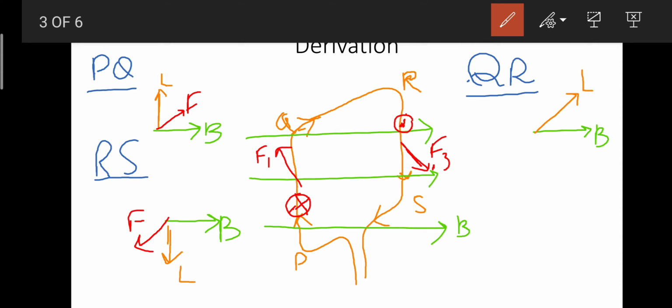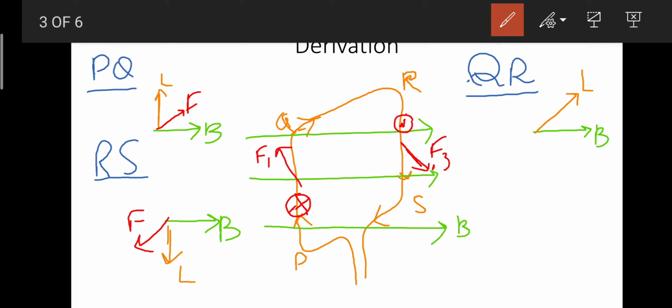For the side QR, we see that the direction of B is again towards the right side, and here L is not perpendicular to B, which is the basic condition of Fleming's left hand rule, that L and B should be perpendicular to each other. Since L is making an angle theta with B, I'm going to resolve this L into its rectangular components.